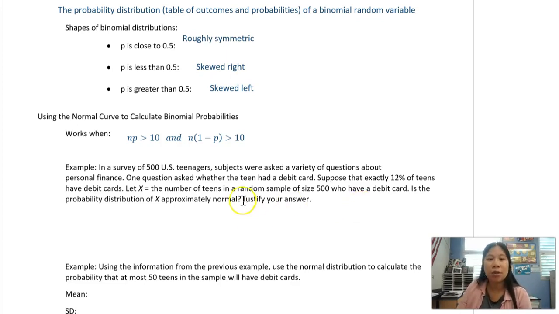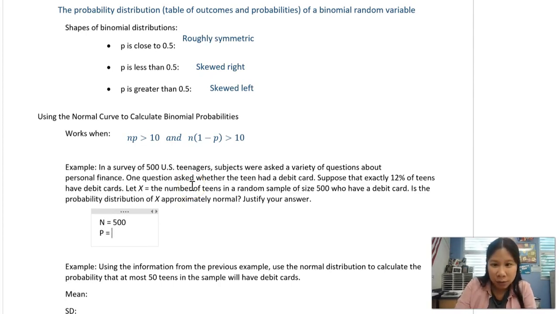Justify your answer. So here we're being asked, can we even use the normal curve? To check, we're going to check n times p and n times 1 minus p, and see if when I multiply things out, it is a number greater than 10. In this problem, n equals 500 and p equals 0.12.